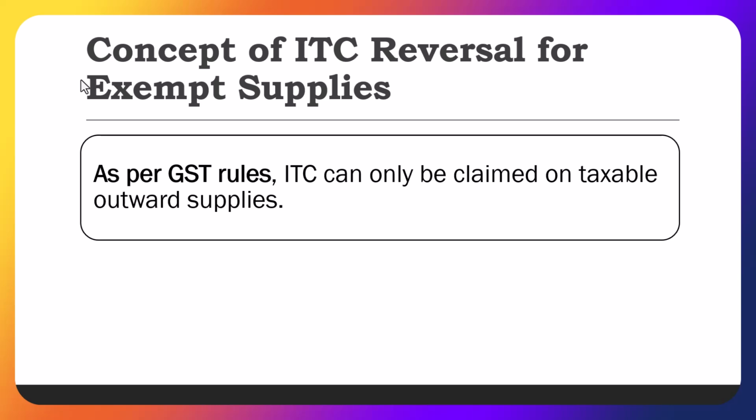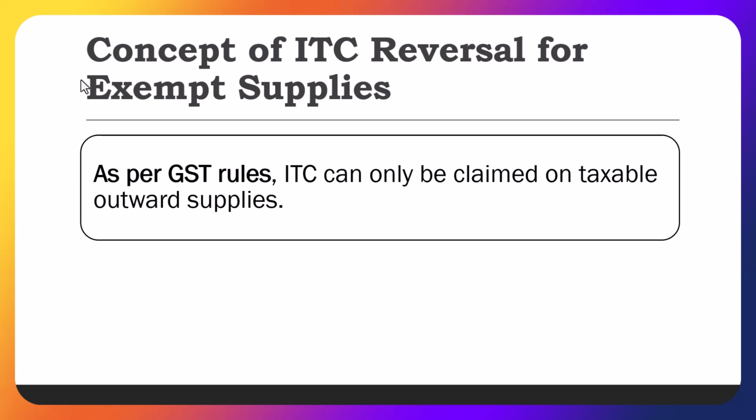Okay, now you know what happens is that there is a concept of ITC reversal. Now, this input tax credit has to be reversed if you are also supplying exempted goods or exempted services. So, if you are in business where you are supplying both kinds of output supply, exempt as well as taxable. For example, the exempted goods can be like milk or unbranded rice, and a lot of things are exempt basically.